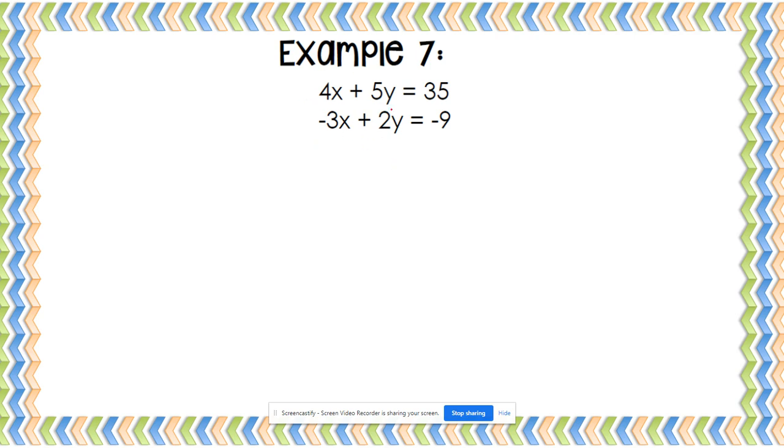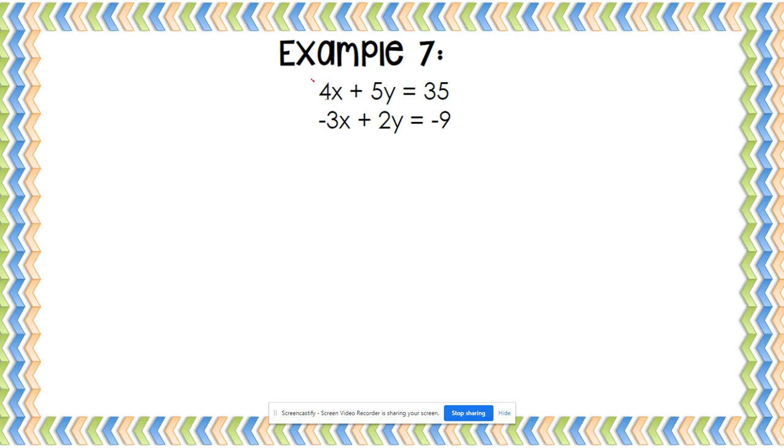So if I do that, I want to look at what do I have that I can work with? Well, in this equation, I have a coefficient of x that is positive, and this one is negative. So that means if I keep these the way they are, I would be able to add them together to get a 0 pair, but only if that coefficient had the same number.